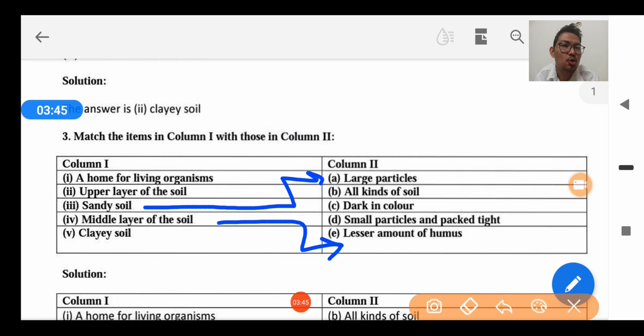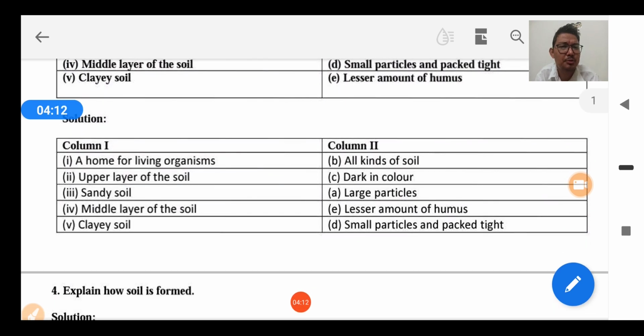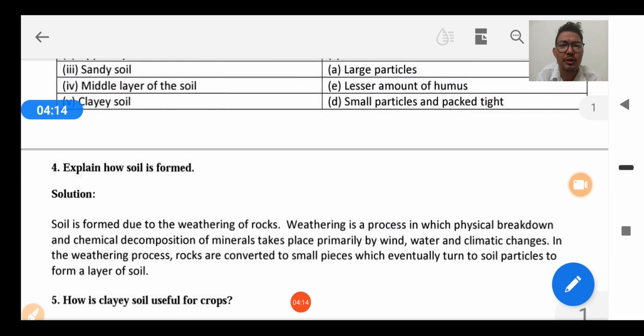Clay soil contains small particles that are tightly packed. Because of this property, it is used to make earthen pots, earthen lamps, matka, etc. And clay soil is good for the growth of plants like paddy. You have studied this in your chapter, so this is all the answer that I have already discussed.